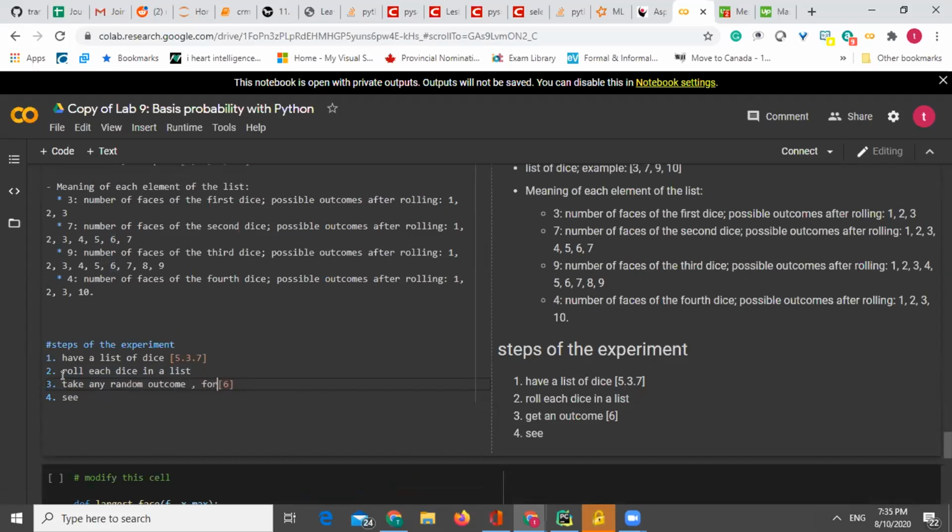Okay, 6, right? And see which outcome it could belong to.